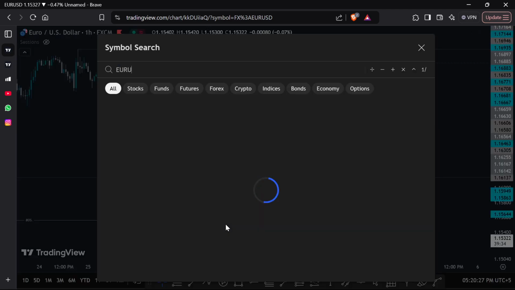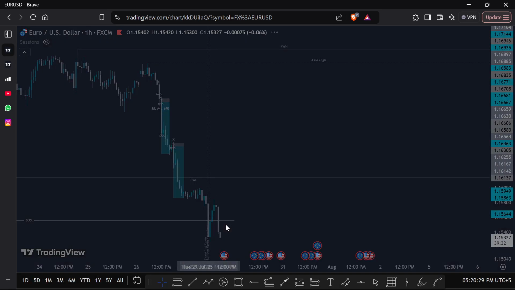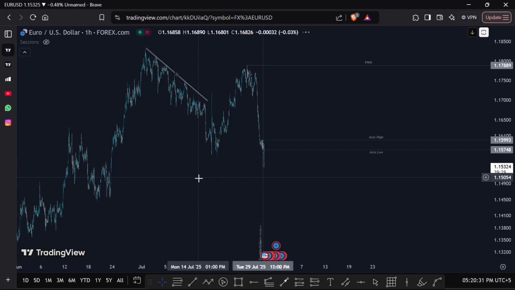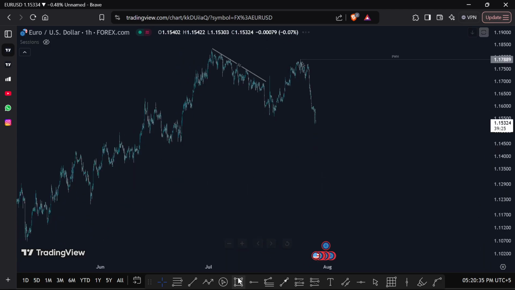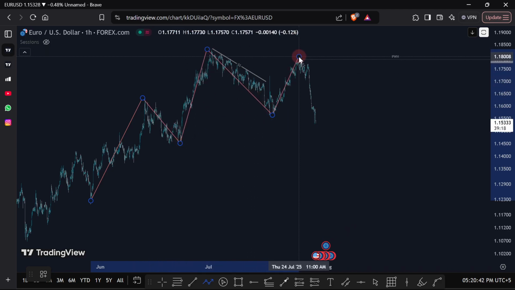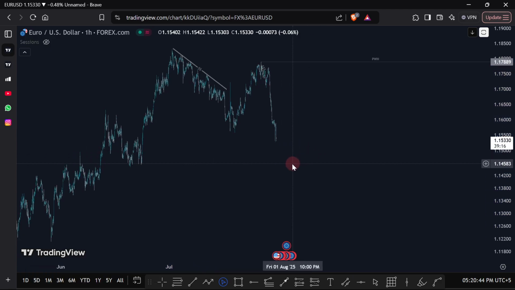For example, on the EURUSD chart on forex.com, things will be more clear. We have this higher low, higher high, higher low, higher high, higher low, and then a lower high, and then a lower low. So that's pretty interesting to see.